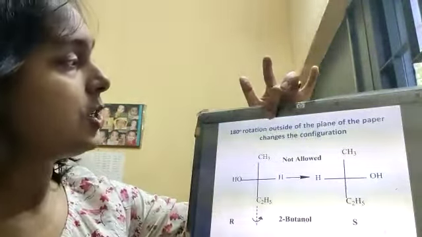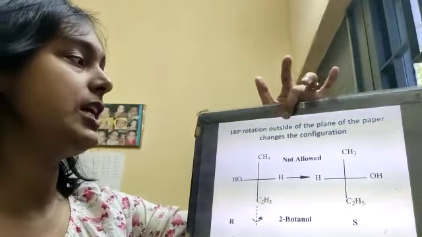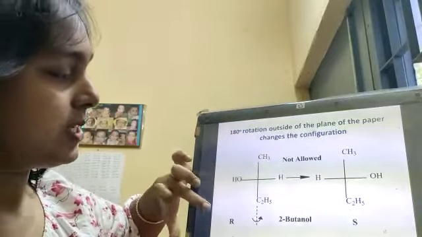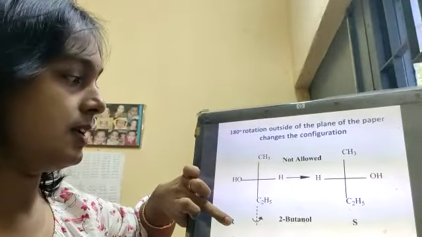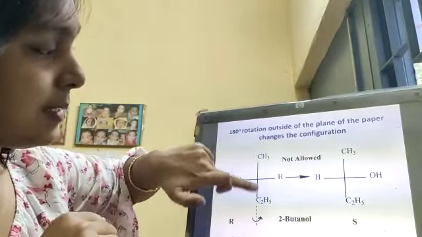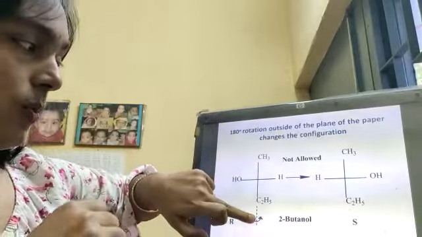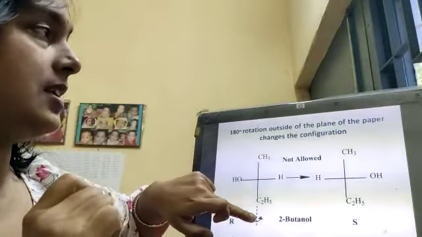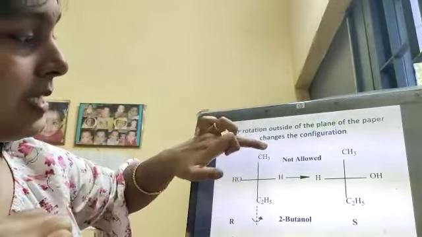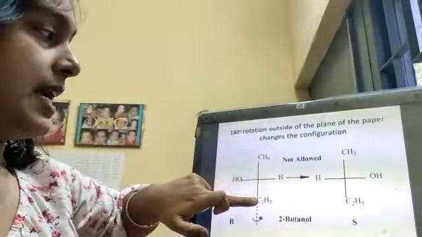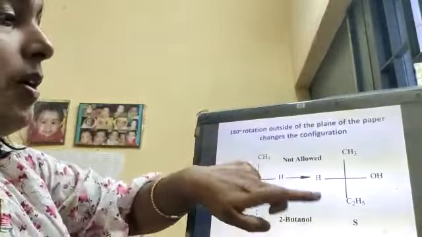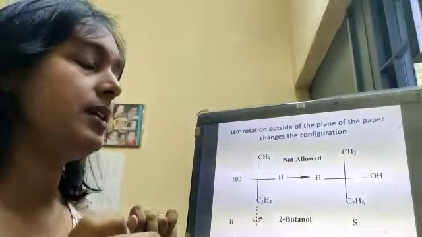Next, 180 degree rotation outside of the plane of the paper changes the configuration. So now again considering the butanol, which is of R configuration, if we rotate the compound, see, it is a backbone of that compound, and at 180 degree if we change it out of the plane of the paper, CH3, C2H5 will be at the same side, but these two will be interchanged, and as a whole the compound will be changed with the configuration.